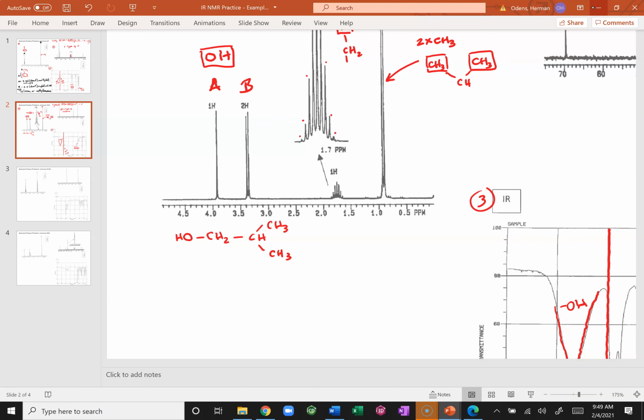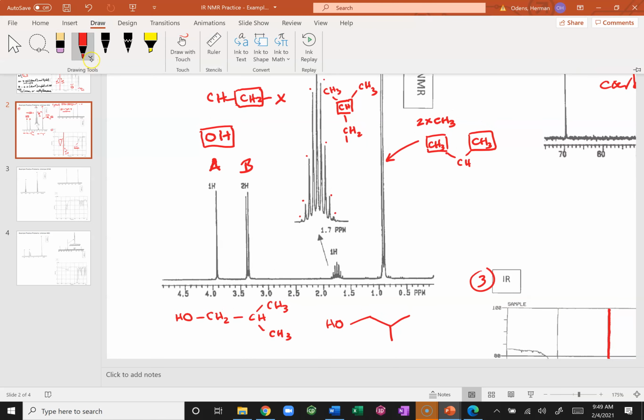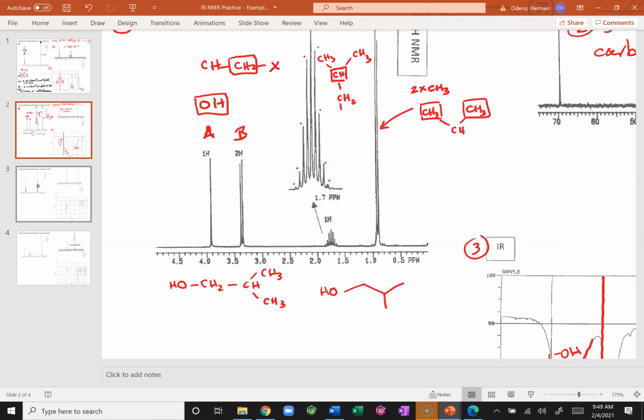Now, I like linear structures, so you can do it like this. But for simplicity, you go OH and you go 1, 2, and then 1, 2. That's better. All right. So then you label this again based on the labelings that you have on your spectrum.